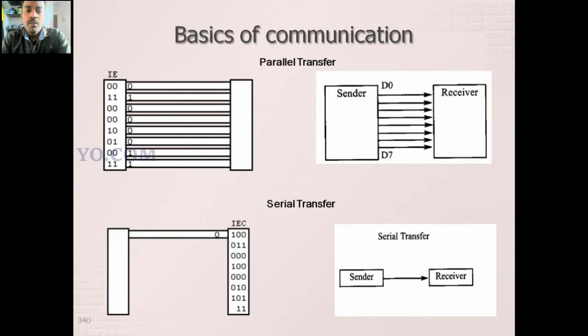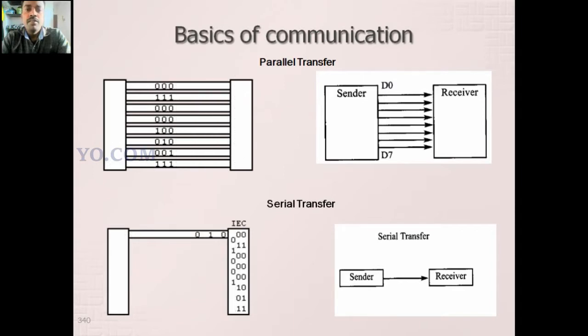But nowadays most CPUs do not have a parallel port, because the parallel port wires are very heavy. The number of lines is more than 25 or 50. Cost wise, the wire cost is very high. Then it is mechanically very weak. So many problems are present.